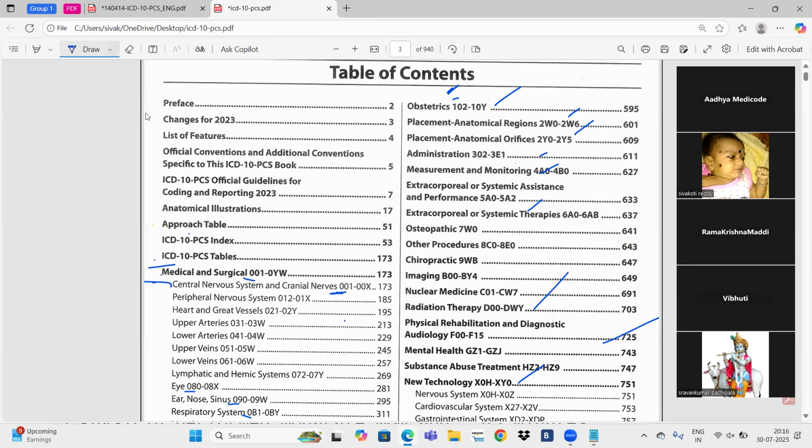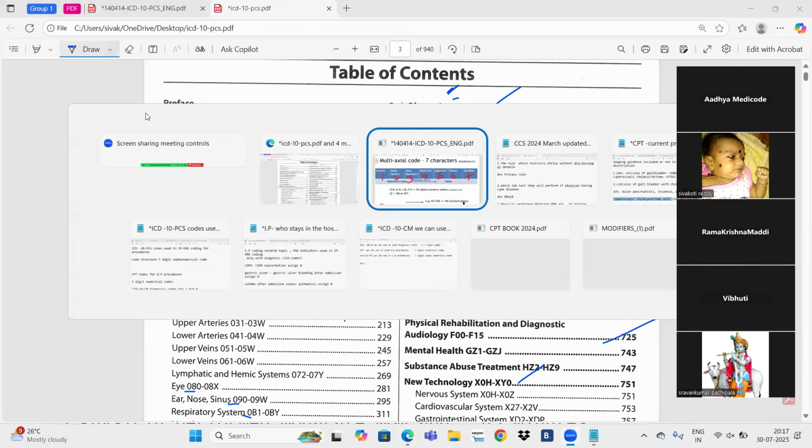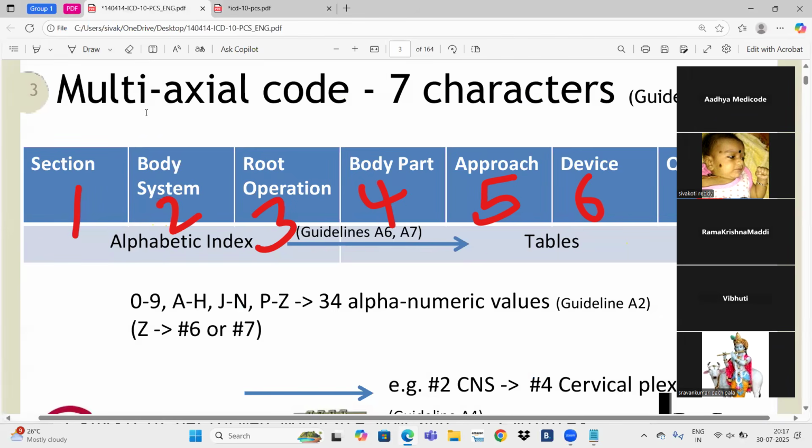Now, physical rehabilitation and diagnostic audiology section: F. Only the section means one character only we need to tell. Then 2, and Administration is 3.